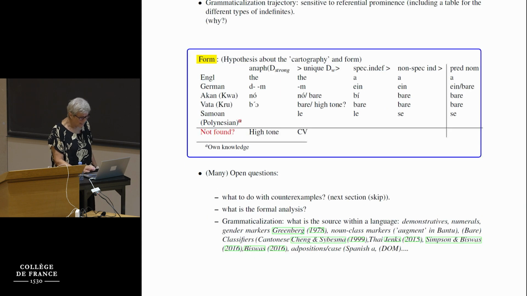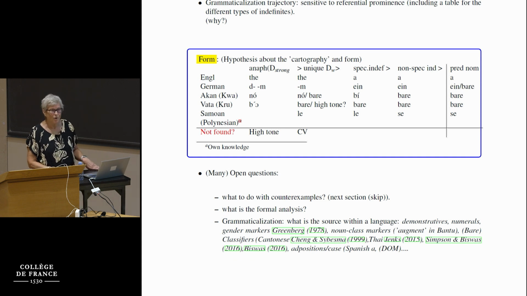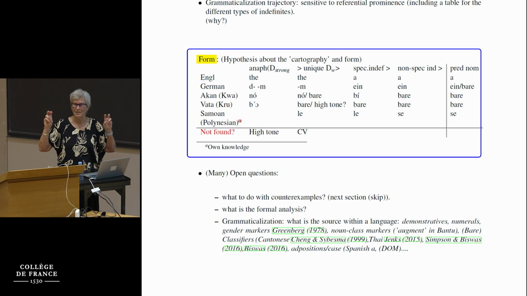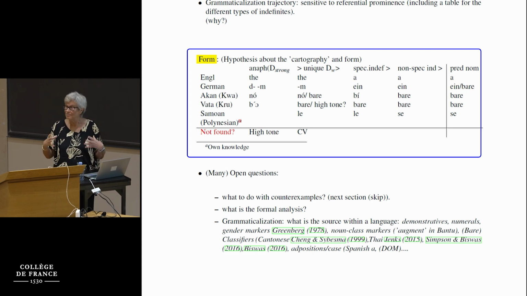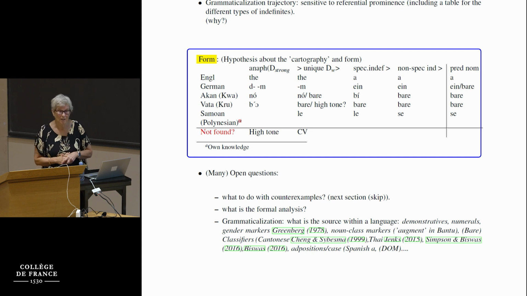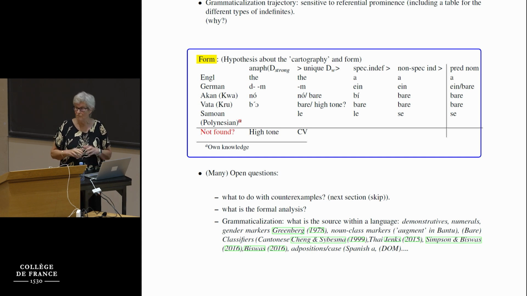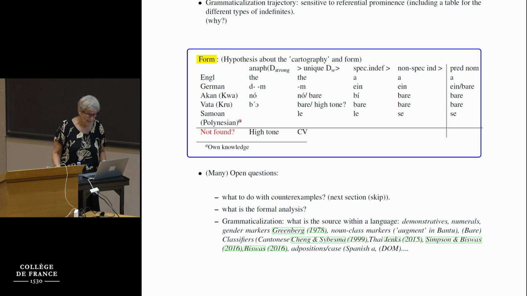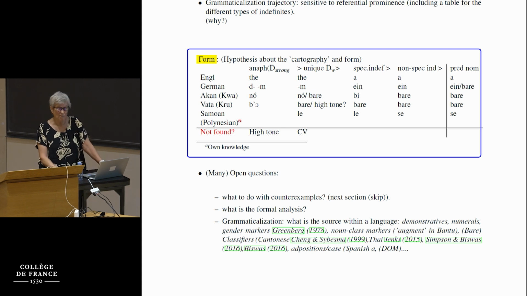Okay, one more thing before I talk about the database: languages acquire definite articles. Well, that's called grammaticalization. What is the source within a language that gives you a definite article? If you look at the languages of the world, there are various ways in which languages acquire definite articles.